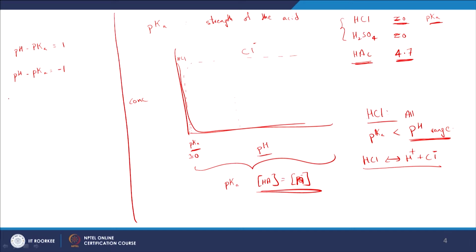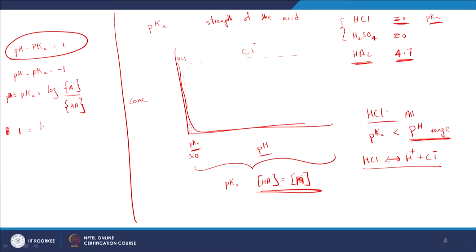We know that pH is equal to pKa plus log of the deprotonated form over the protonated form, right. This is what we have, pH equal to pKa and so on. But if I am considering the first case, pH minus pKa is 1.